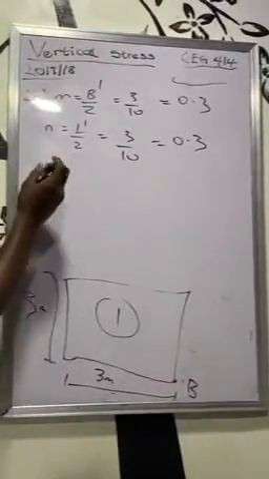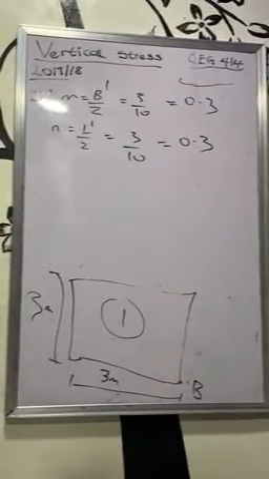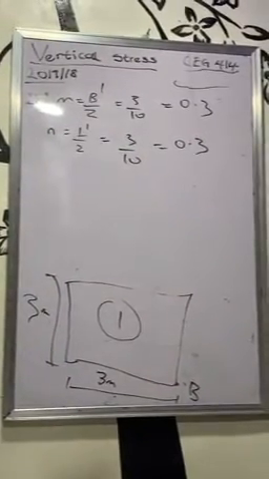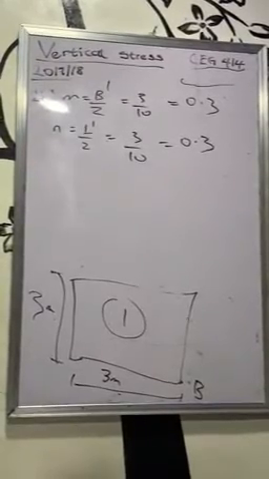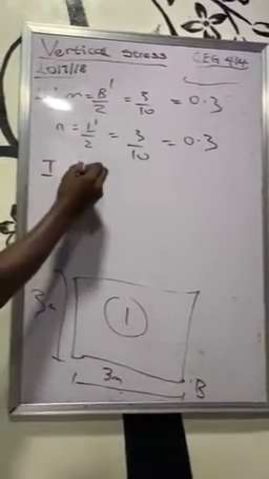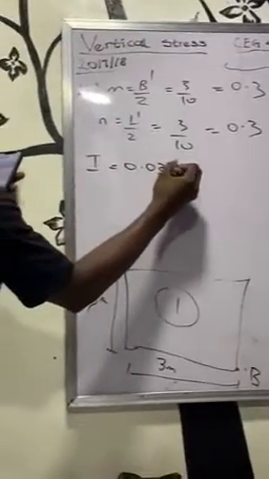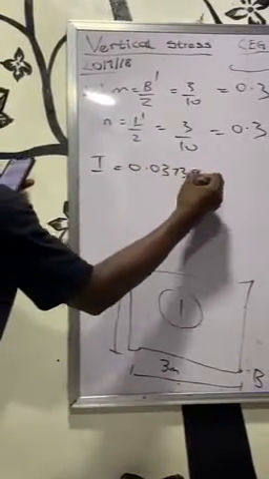So I think we have M and N on the influence factor table. If I check at M 0.3, N 0.3, I have my influence factor IQ equal to 0.03735.